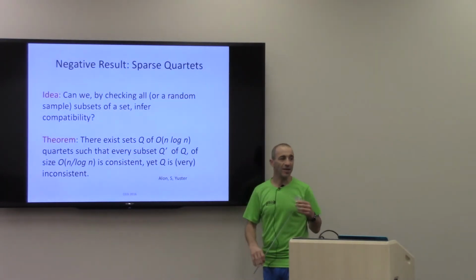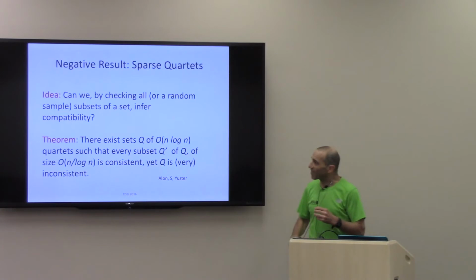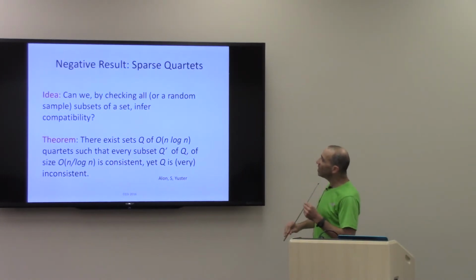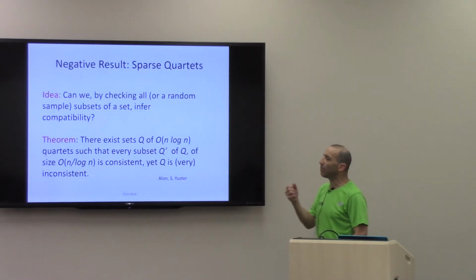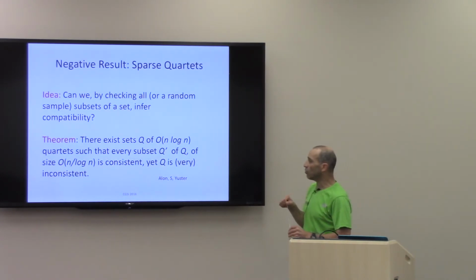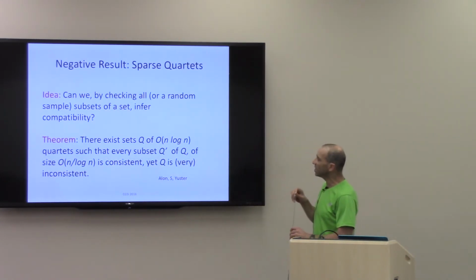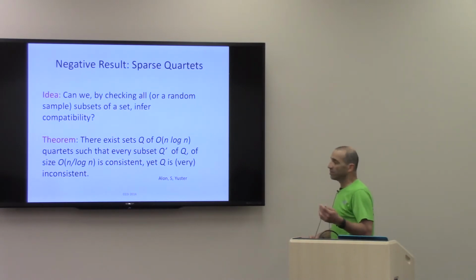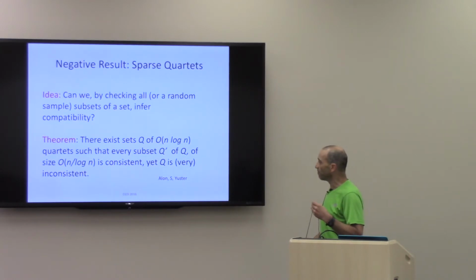That means that we cannot really hope for some sampling strategy over subsets, okay, that will give us indication. It is an area called property testing. Again, it's not me, but that says that no property testing here is an option.